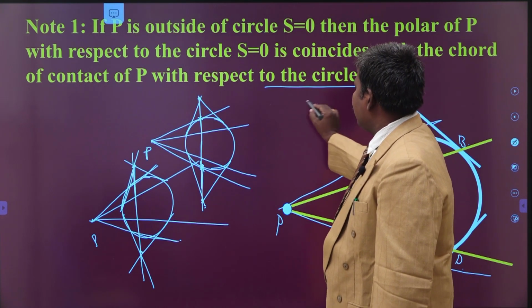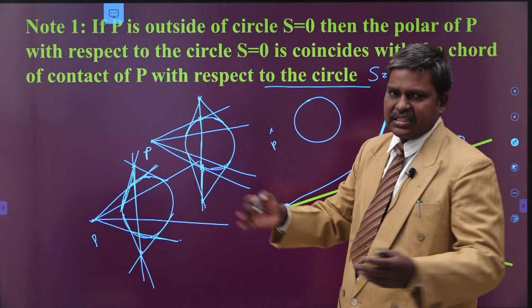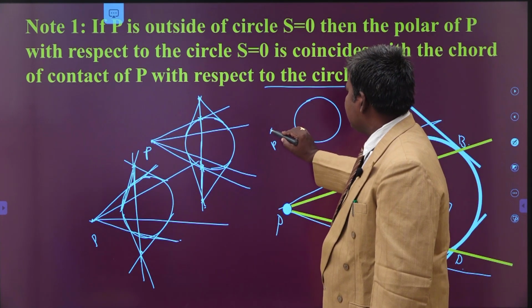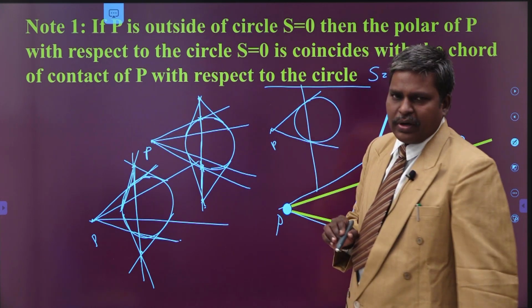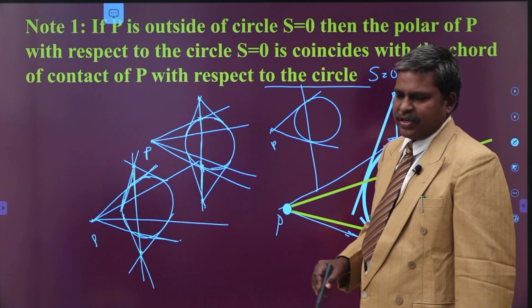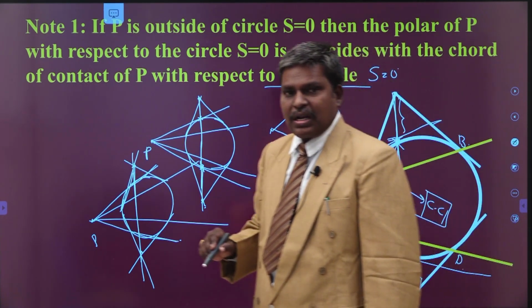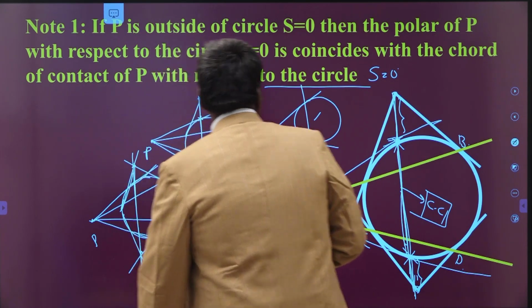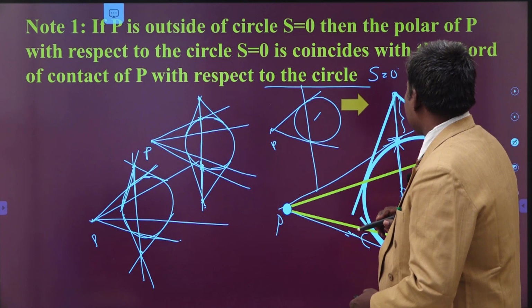Suppose if you want to write the polar of some point, if it is outside, you don't need to draw the secant lines, etc. You just draw the chord of contact, which is itself the polar. The point is outside the circle, so your polar is the chord of contact of P with respect to the circle. So for P outside, the chord of contact will be the polar of P with respect to the circle. Understand? This is the corresponding diagram.